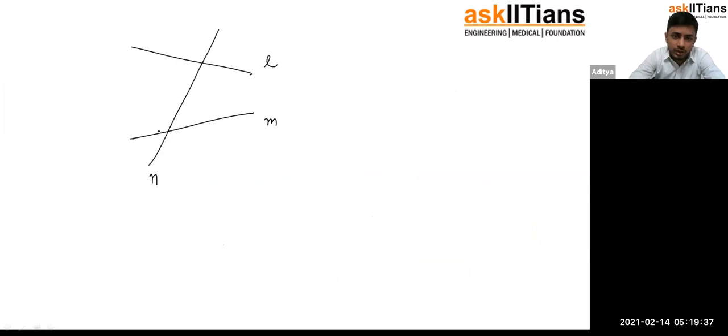So look, what we are saying is any side we can choose. Either we can choose the right side of this line or the left side. Let us say we choose the right side, then the two interior angles that it forms with lines L and M. So of course, this is one of the interior angles, and this is another interior angle. These are the two interior angles which it forms.